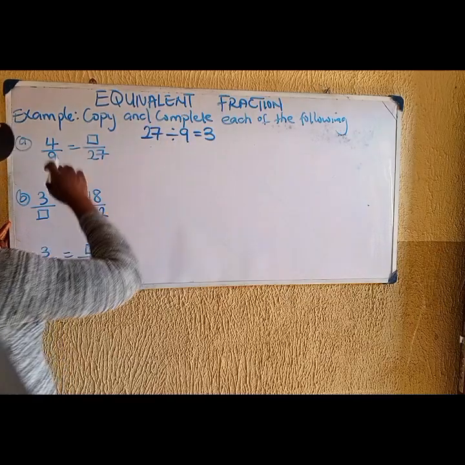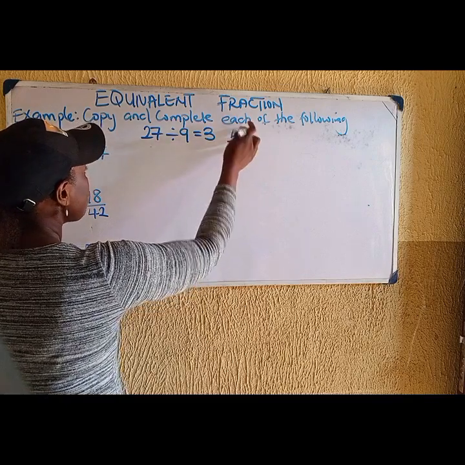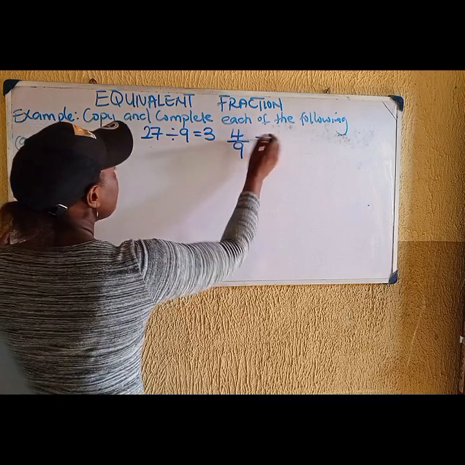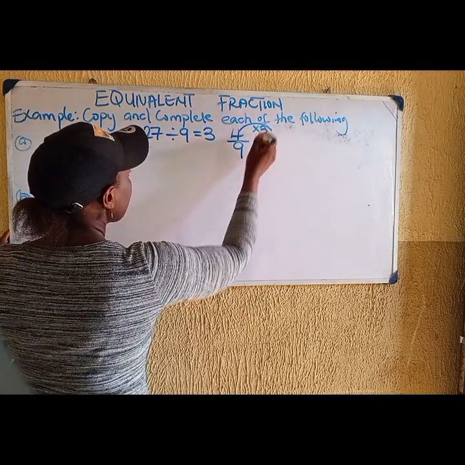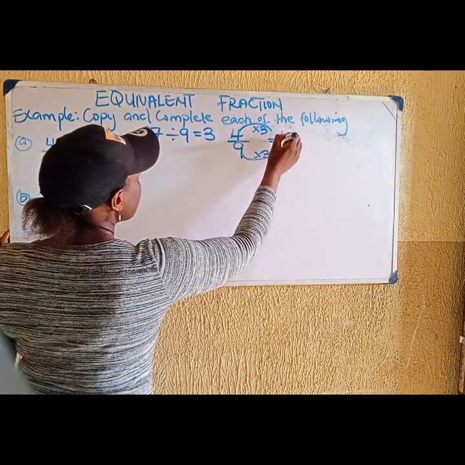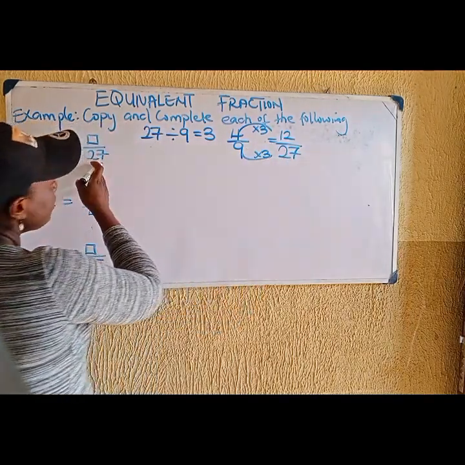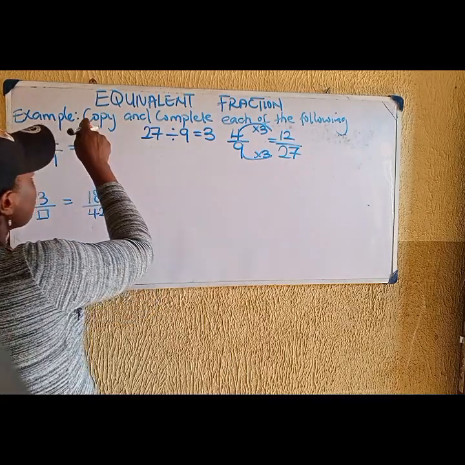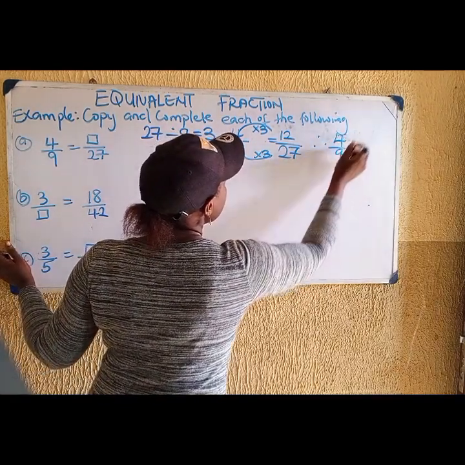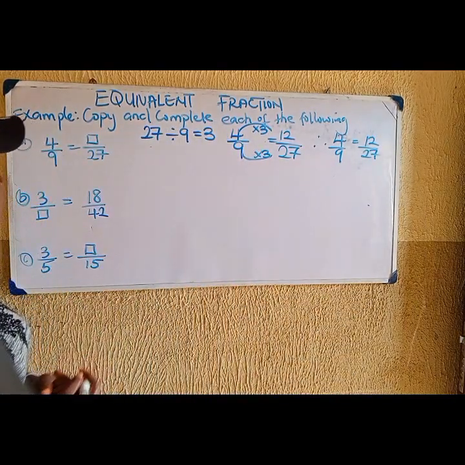Now this 3 is the multiplier. So we multiply the numerator and the denominator by 3. We have 4 over 9, multiply up by 3 and multiply down by 3. 4 times 3 will give us 12, and 9 times 3 is 27. And you can see that they gave us 27 here, and we are asked to find the numerator. So the final answer is 4 over 9 is equal to 12 over 27. I believe it's clear.